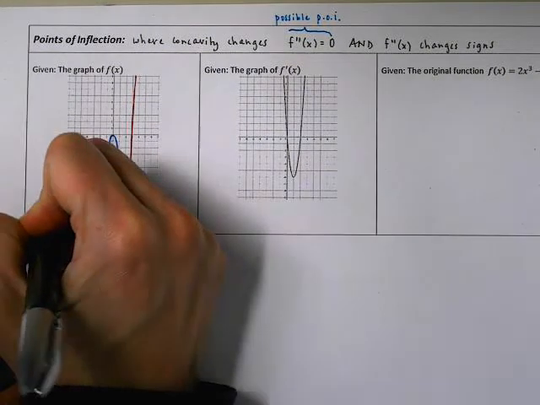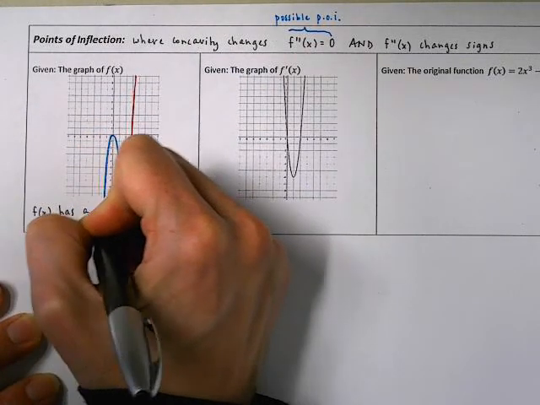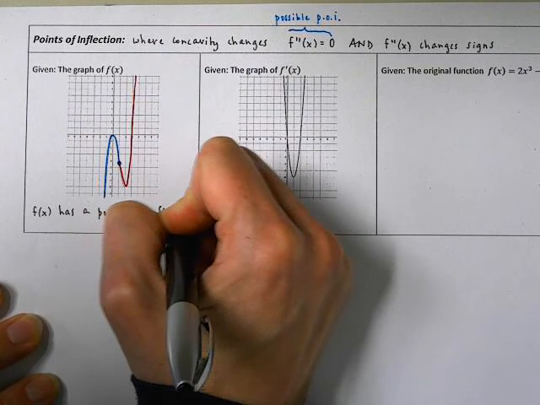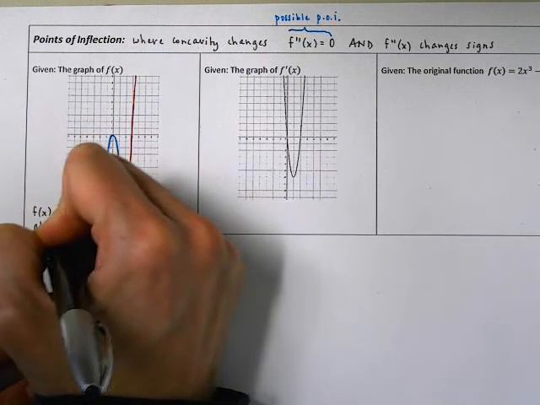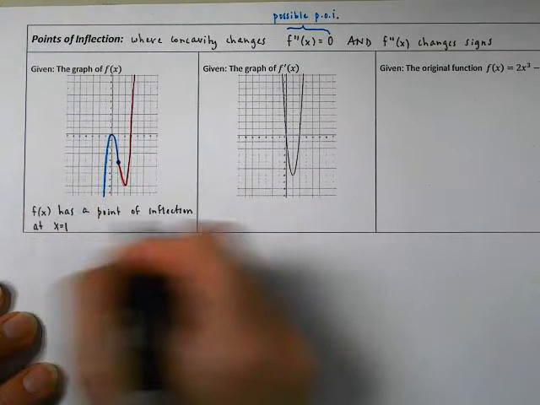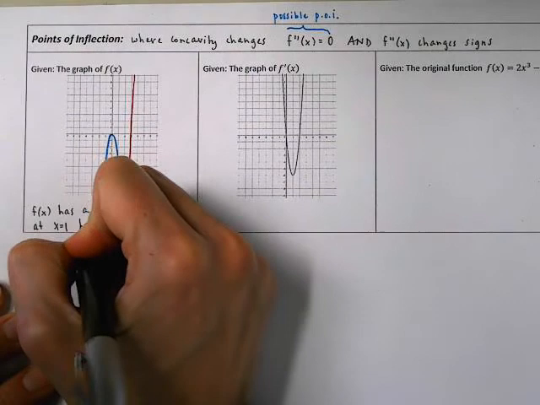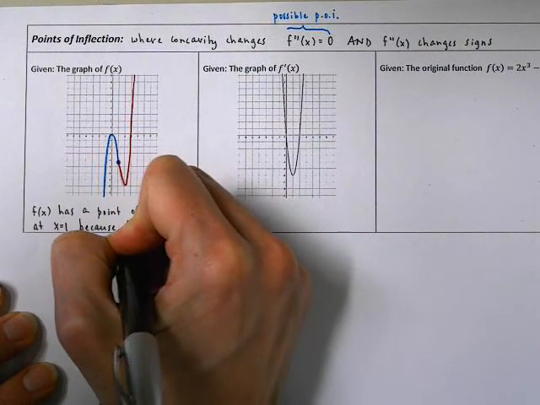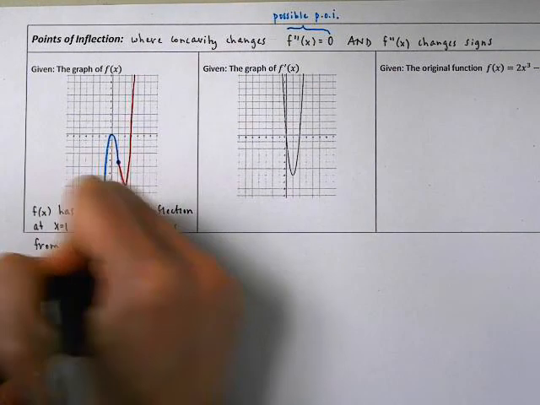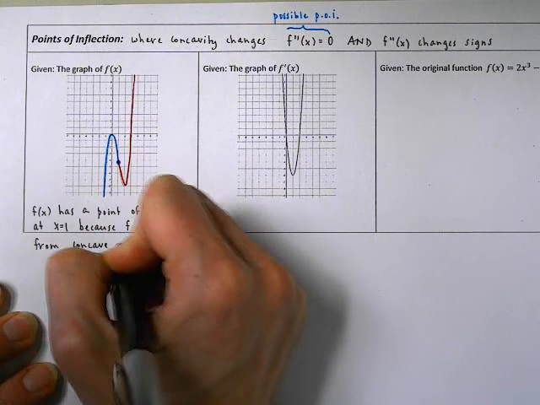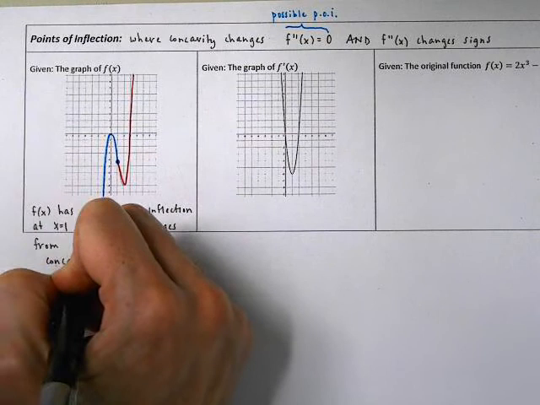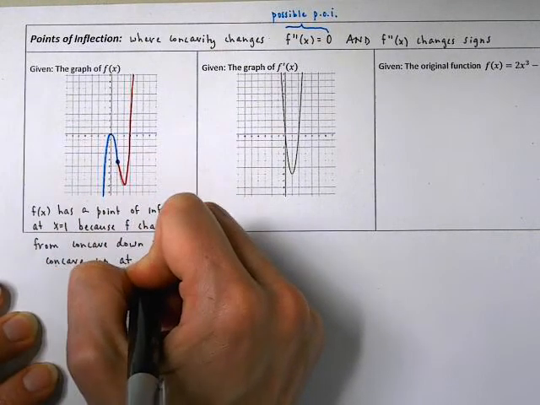So f of x has a point of inflection at x equals 1, and I want to be specific here and be sure to specify that it has a point of inflection there because f changes from concave down to concave up at x equals 1.